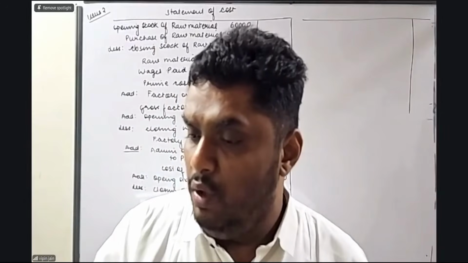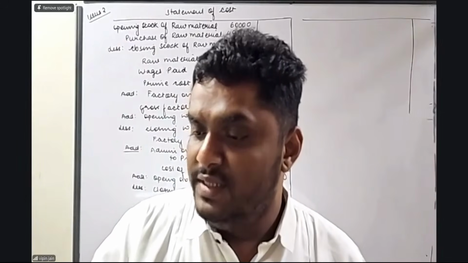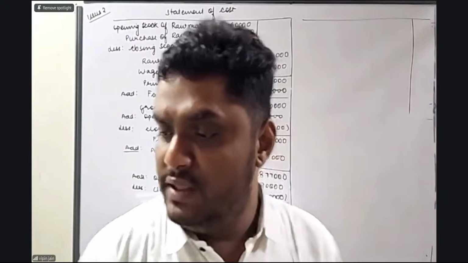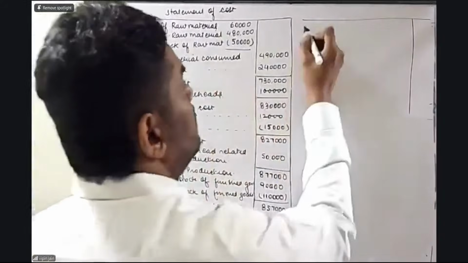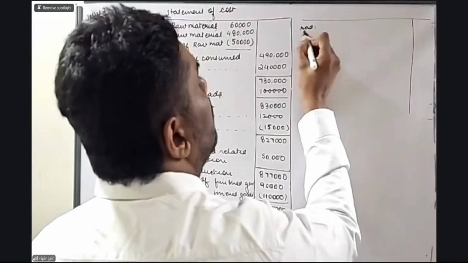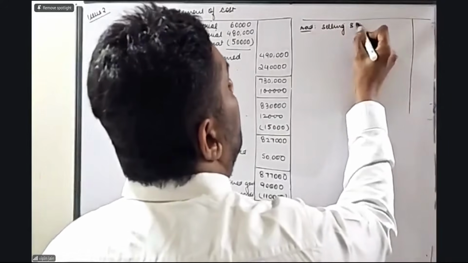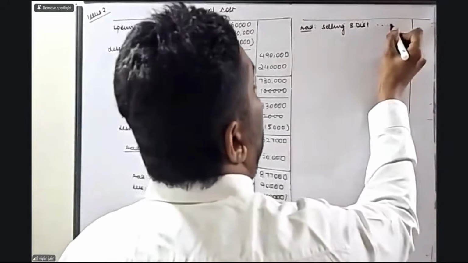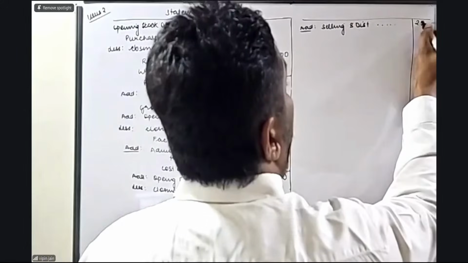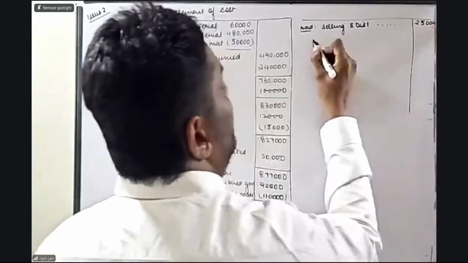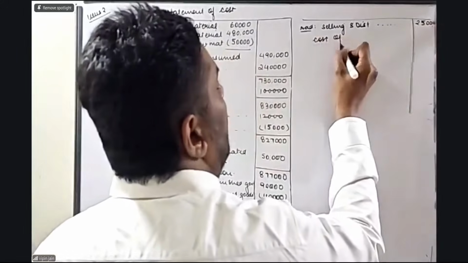Here only selling and distribution overheads are given, that is 25,000. We'll get cost of sales.